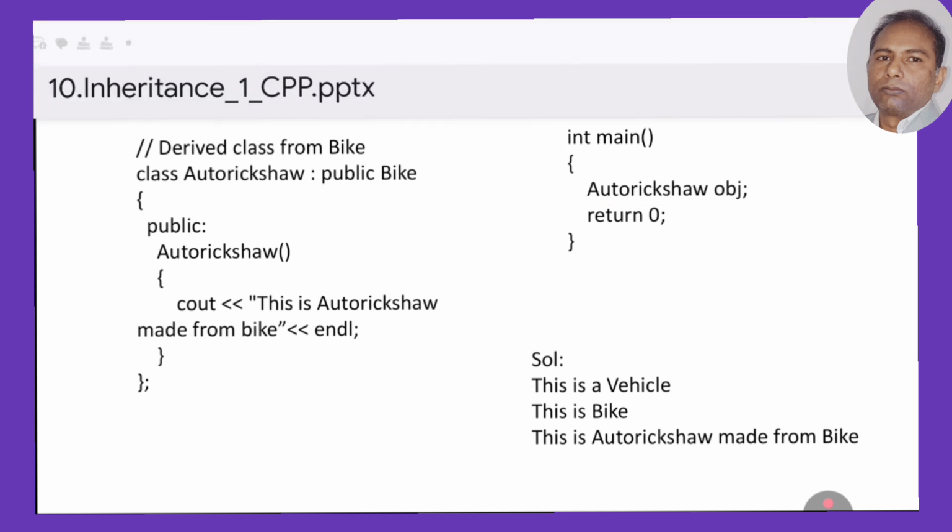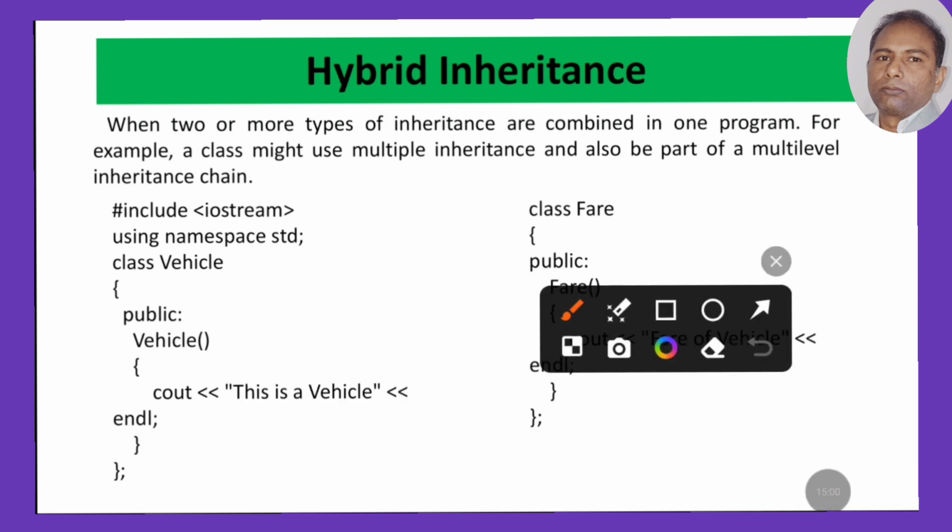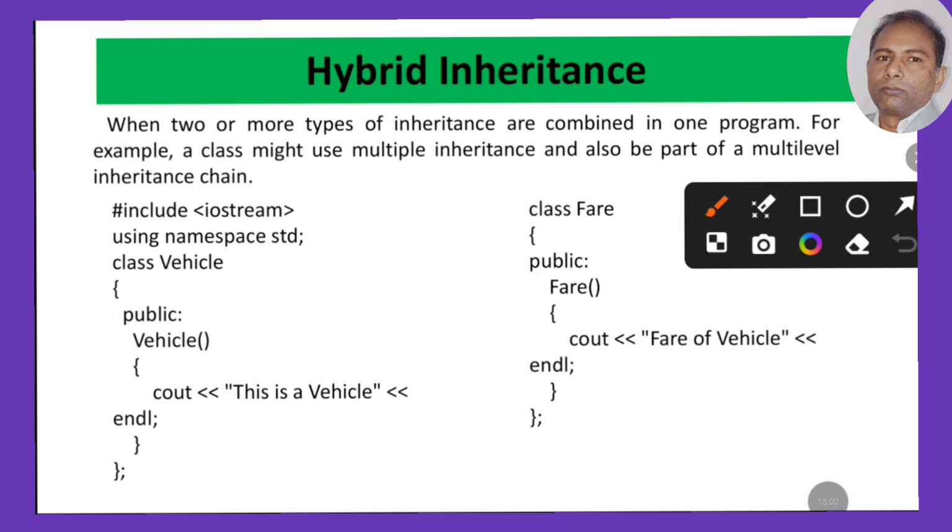Now let's talk about another type of inheritance, that is hybrid inheritance. What is the meaning of hybrid inheritance? Hybrid inheritance is when we have more than one type of inheritance.